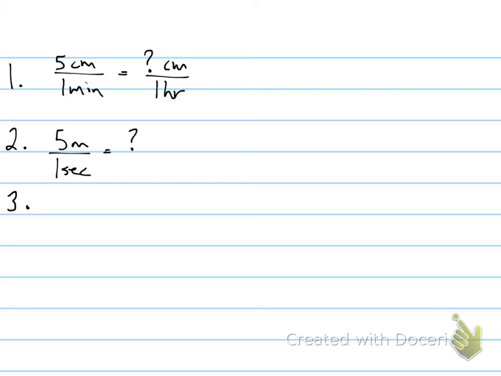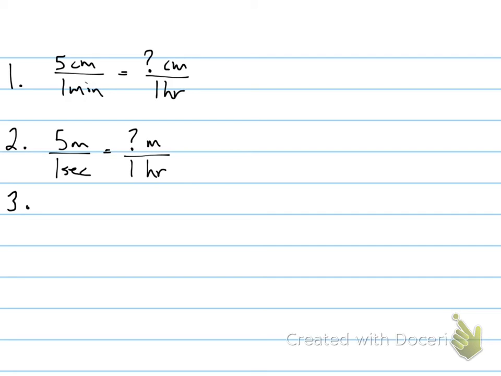All right, let's say we have 5 centimeters in 1 minute, and I want to convert it to how many centimeters in 1 hour. Number 2, I've got 5 meters in 1 second. So how many meters in 1 hour?